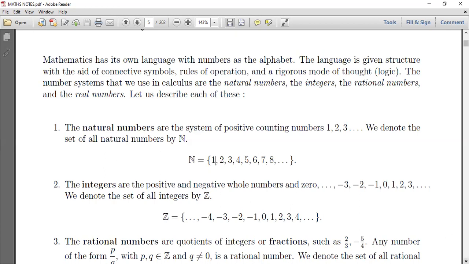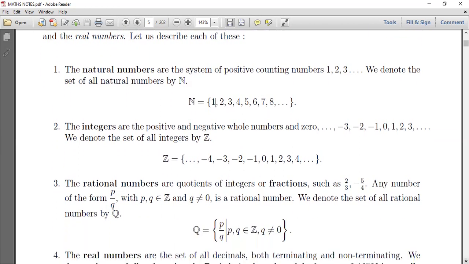Okay. And then we go to integers. Integers is another group of numbers. Integers now includes what we call negative whole numbers and 0. So 0 is also an integer. -1, -2, -3 are integers. But these numbers are whole numbers. Okay? Just like natural numbers are whole numbers, integers are also whole numbers.